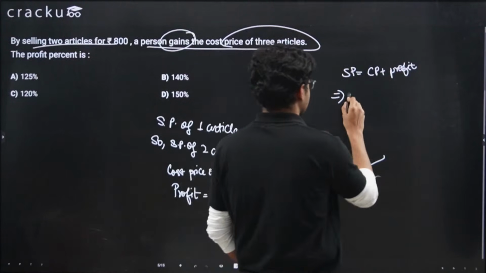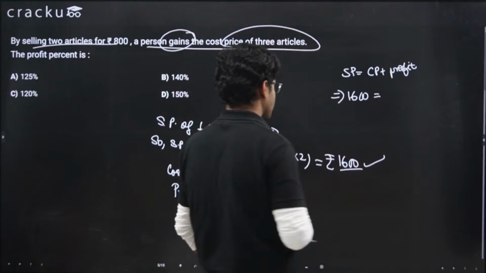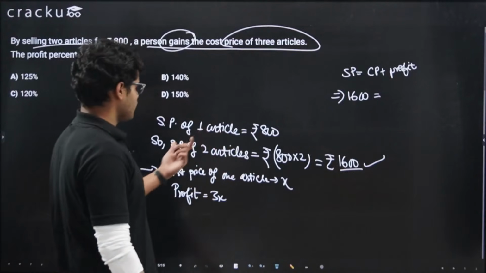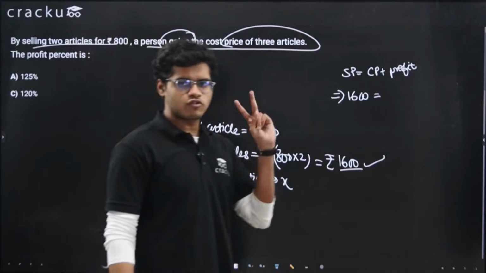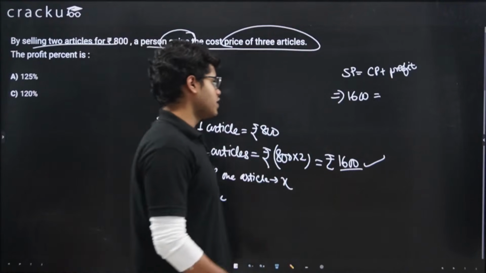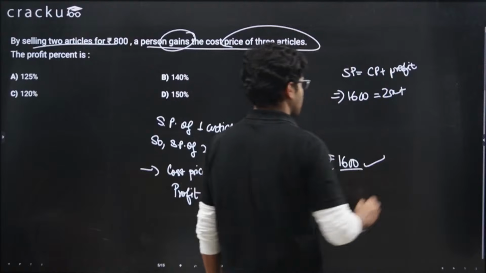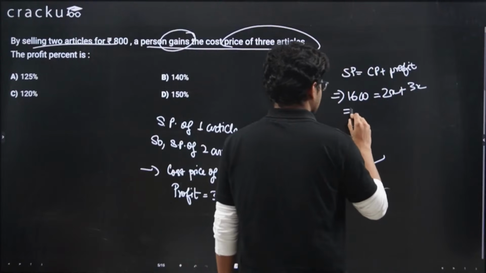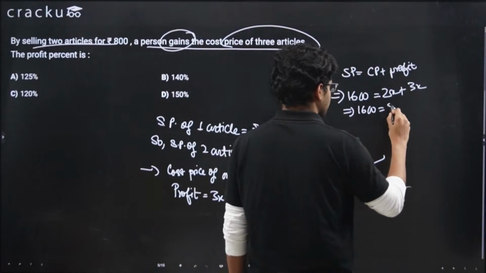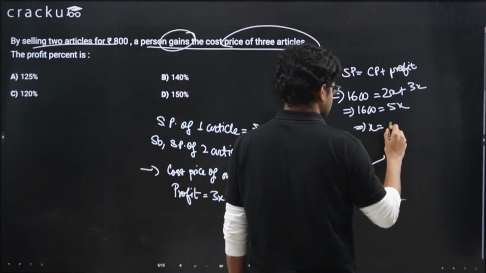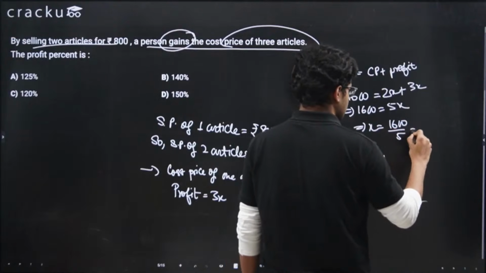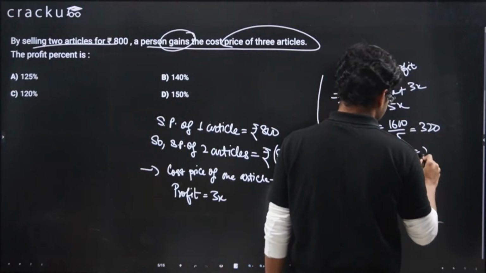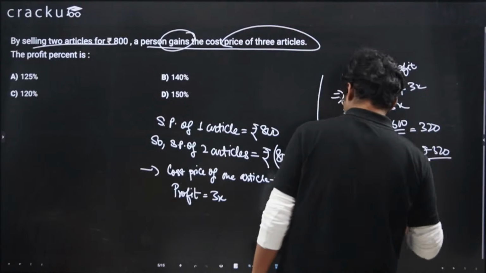Selling price is 1600. Now we are selling 2 articles, so we need to consider the cost price of 2 articles, which would be 2x. Profit is 3x. So 1600 equals 5x, or x equals 1600/5, which is 320. So cost price is rupees 320.